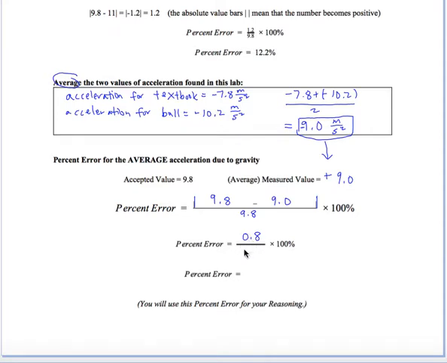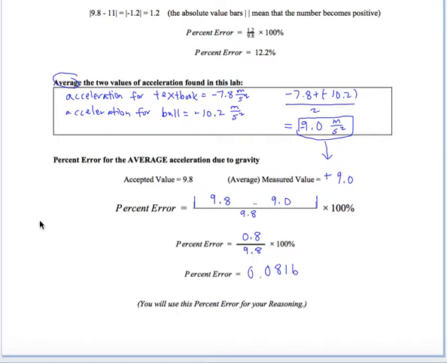So I've got 0.8, still divide by 9.8 times 100%, and then 0.8 divided by 9.8 is 0.0816 times 100%.